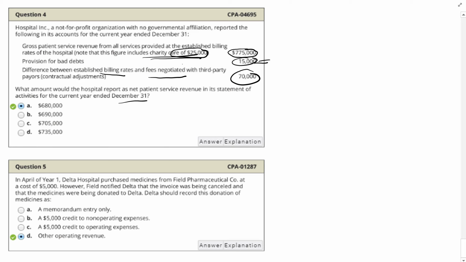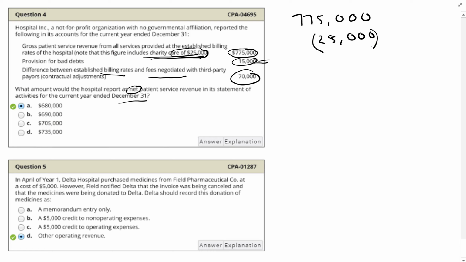So the question is asking about the net patient service revenue. It will be their gross patient service revenue, which is $775,000. Out of that, $25,000 they provided as charity, so we will not include that.